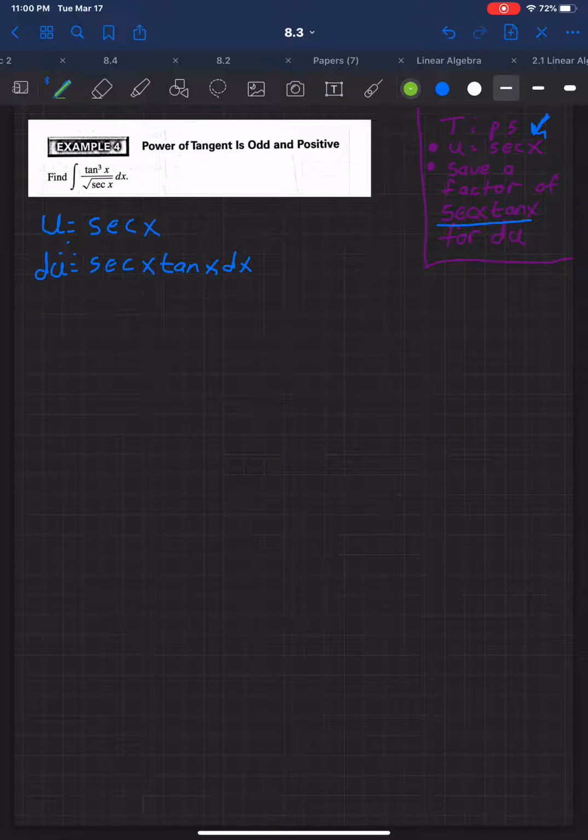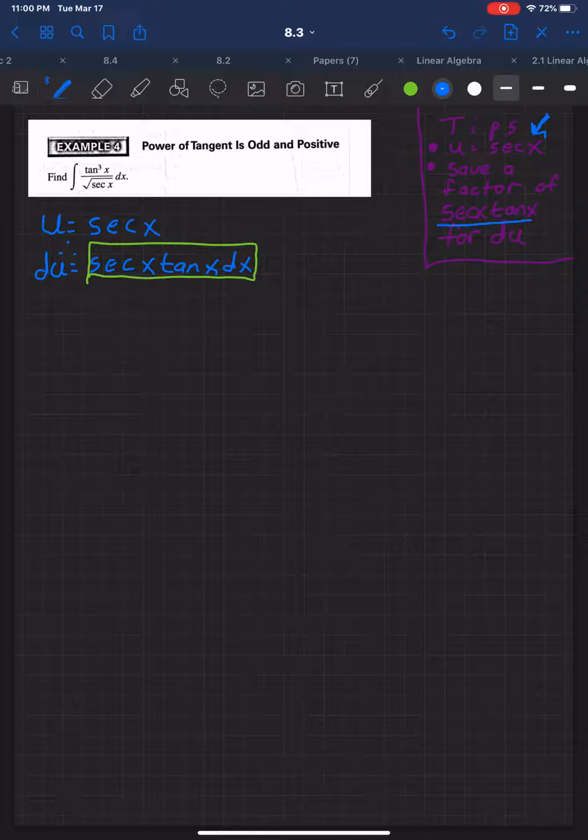This is what you're going to have if you ever want to substitute du. Under these conditions, you're going to have to leave yourself a secant x tangent of x for later.